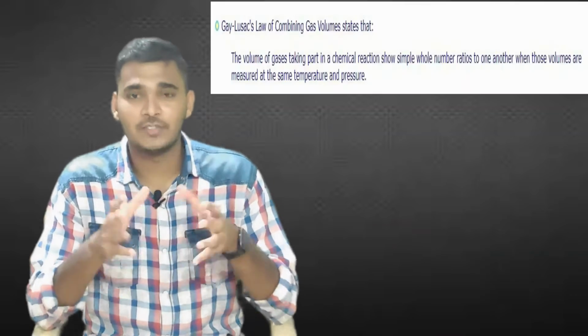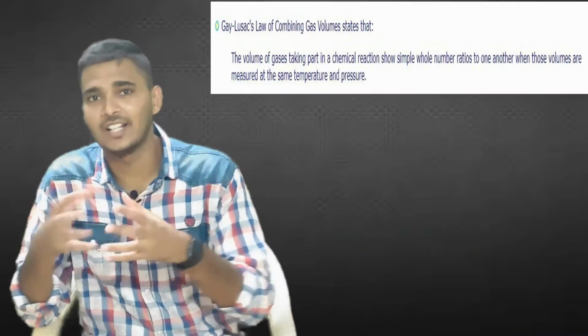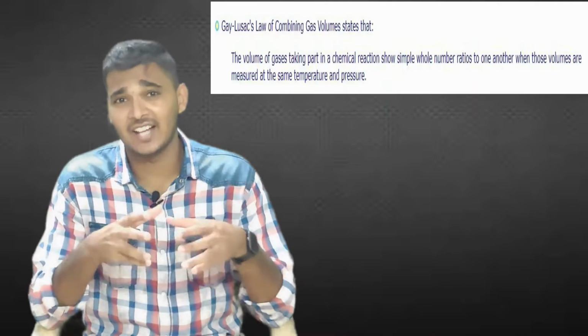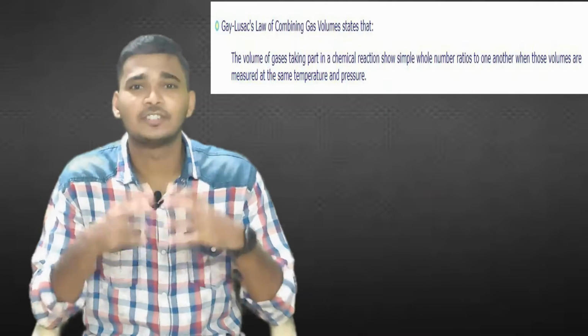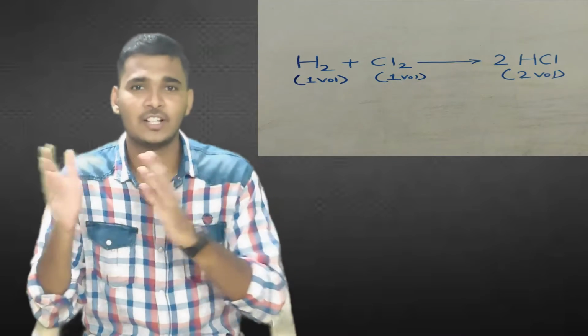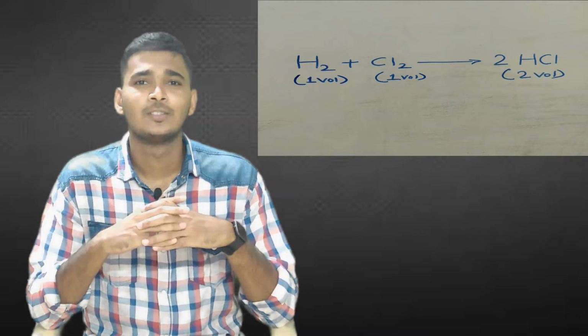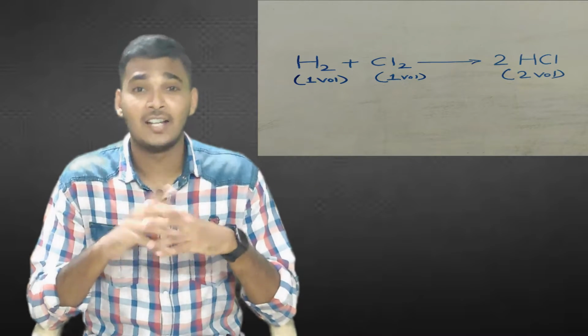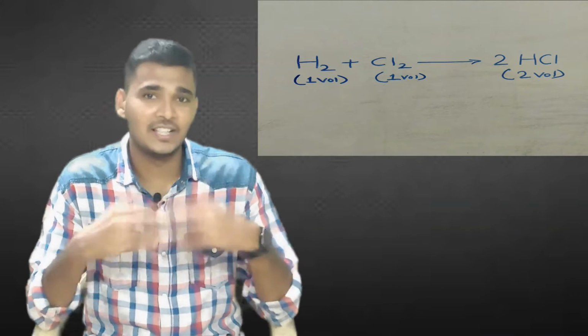Next is Gay-Lussac's law of combining volume. In 1808, Gay-Lussac studied various chemical reactions of gases, and he generalized a law. It states that if gaseous reactants combine together to form gaseous products, then the volumes of the gaseous reactants and the gaseous products have a simple whole number ratio. Again, let's understand this through an example. Let's take hydrogen and chlorine to form hydrogen chloride, with the coefficients in front of them determining the volume.